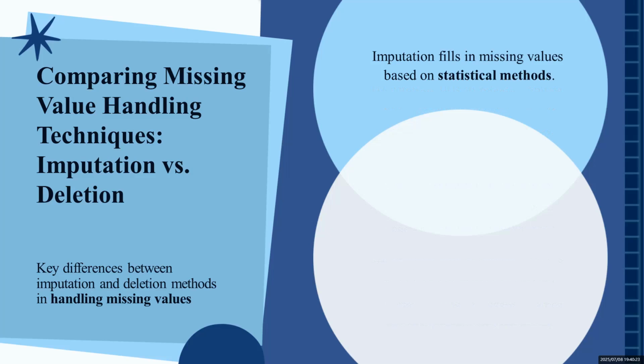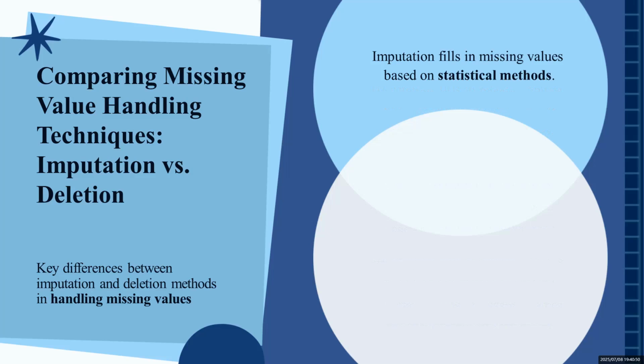Imputation fills in missing values based on a statistical method. For example, you have missing data and you want to impute some values that could be close to the original values using some statistical method. It could be the mean, it could be forward filling, it could be another method.